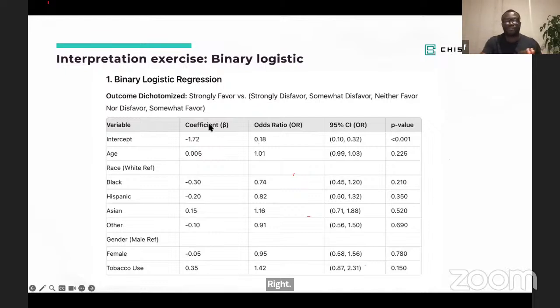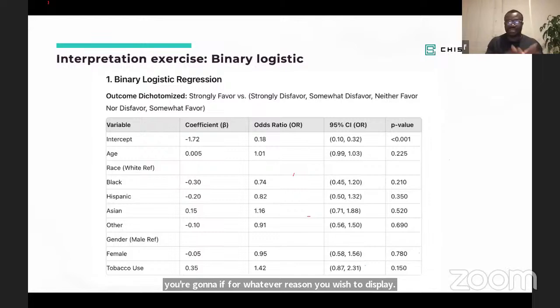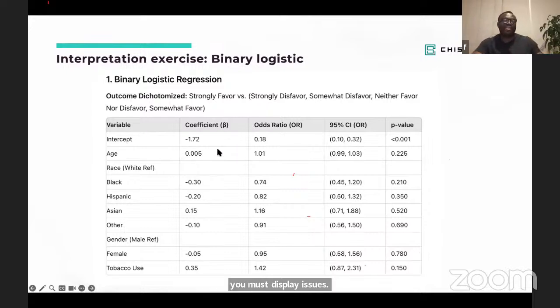If for whatever reason you wish to display the coefficients, sure. It's not typical, but there's no rule saying you must display the odds ratios in the table. You can display them, but interpret them in the correct context, as log odds. And if you want to convert the log odds to odds ratios, you just take the exponent. All right, now let's focus on the major part of our table, which is the last 3 columns.